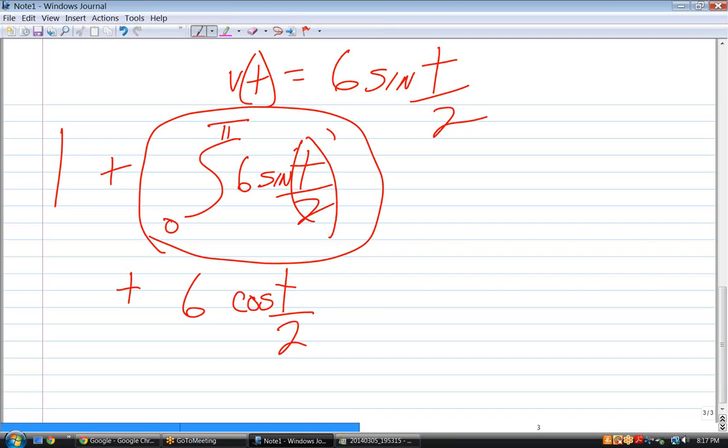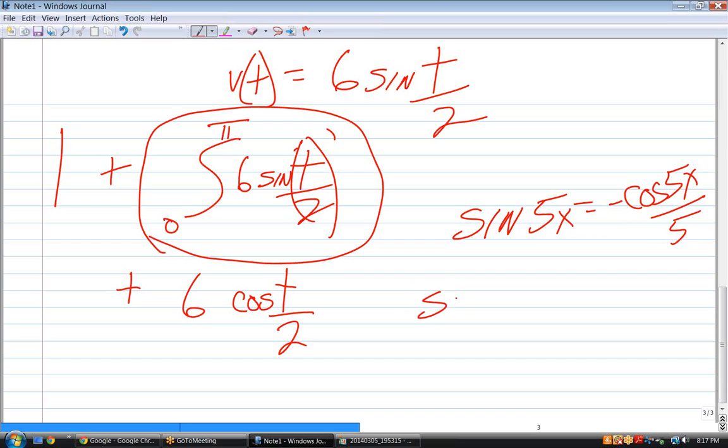When you take the antiderivative of a trig function, let's say we want the antiderivative of sine of 5x, that is minus cosine of 5x divided by 5. Here I'm taking the antiderivative of sine of 1/2 t, basically.